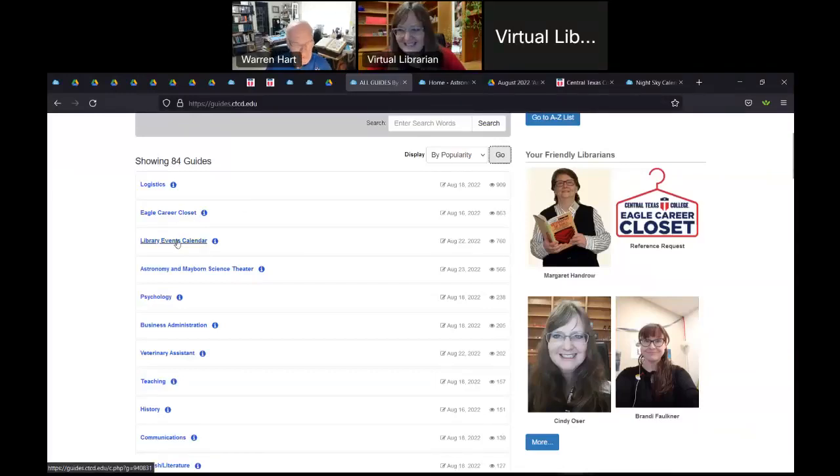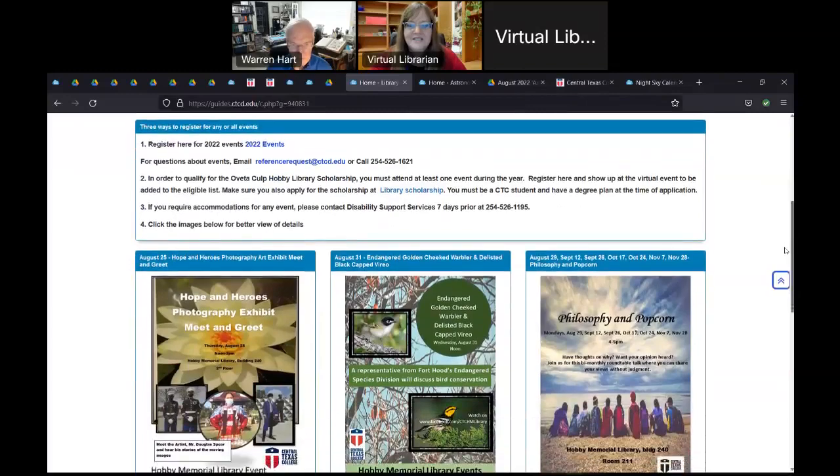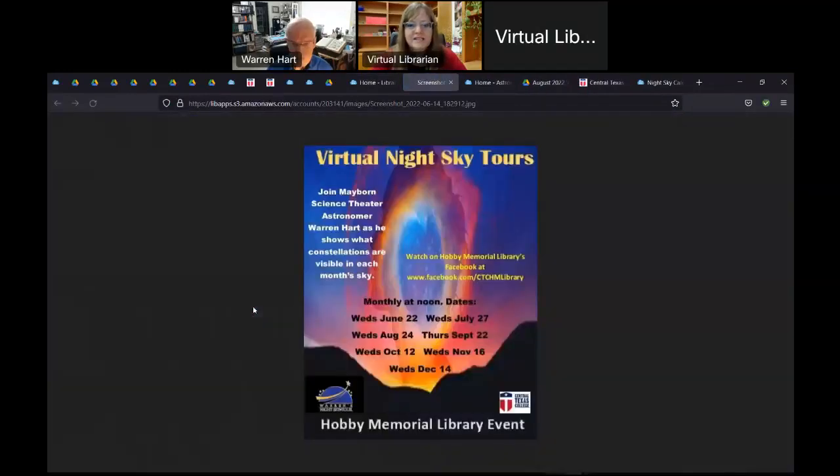But on our events calendar, if you hit that one, this is where all our next upcoming events are, and it'll tell us when our next library night sky tour is with Warren. Notice on that page the only one that's a Thursday is the September one.